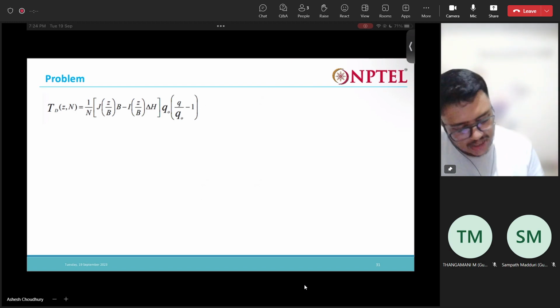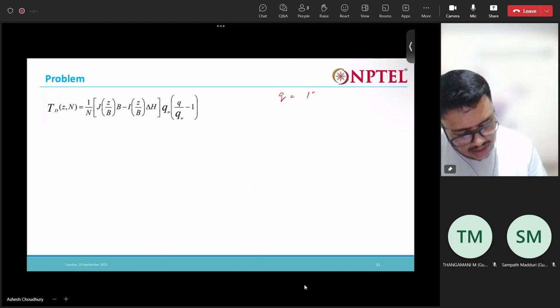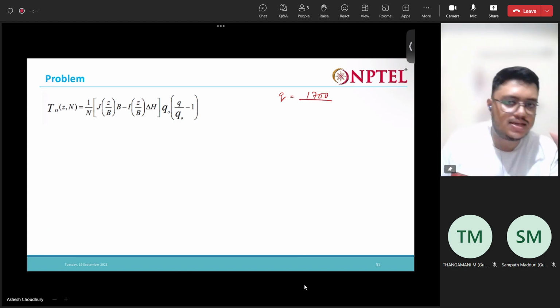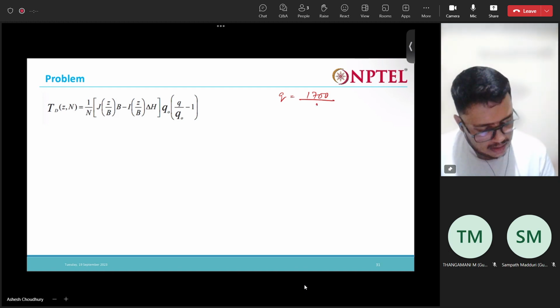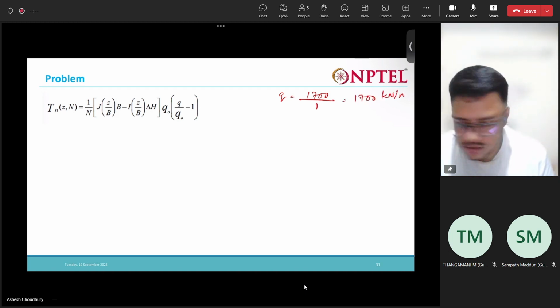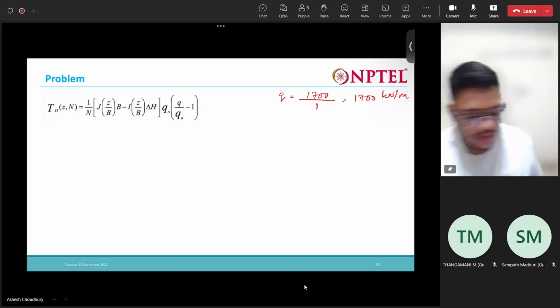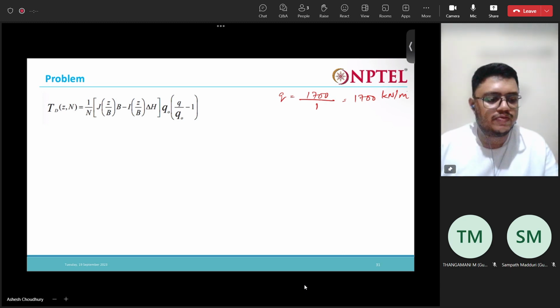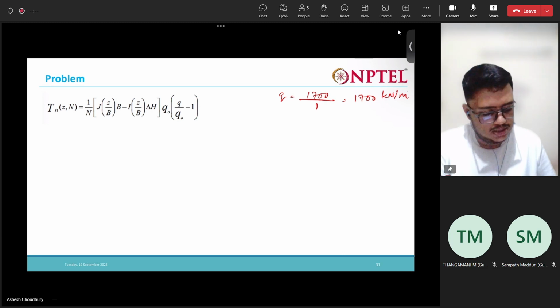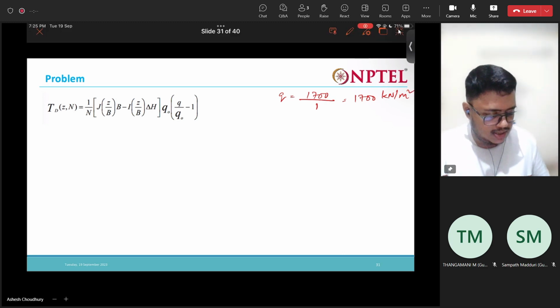Now what will be this q? q is 1700, that is the load that we should carry, divided by the width. Width we are assuming 1, so divide by 1. So 1700 kilonewton per meter square. Now we need to calculate this TD force. For that we will take the help of Excel. I will just stop this screen and share the other screen.